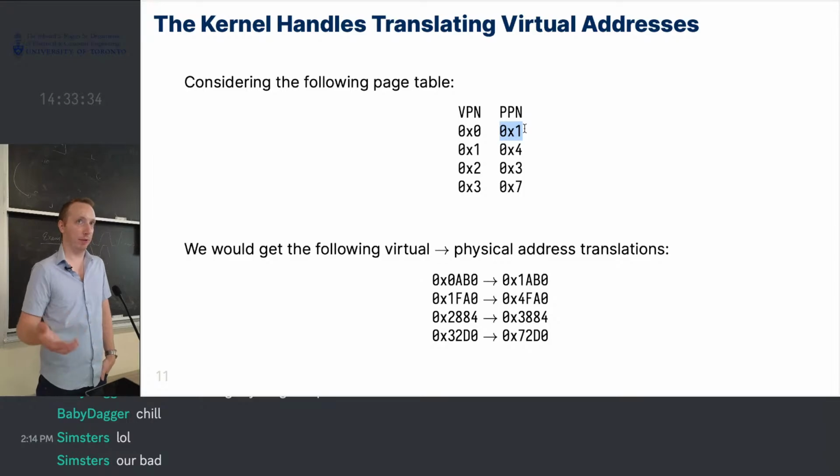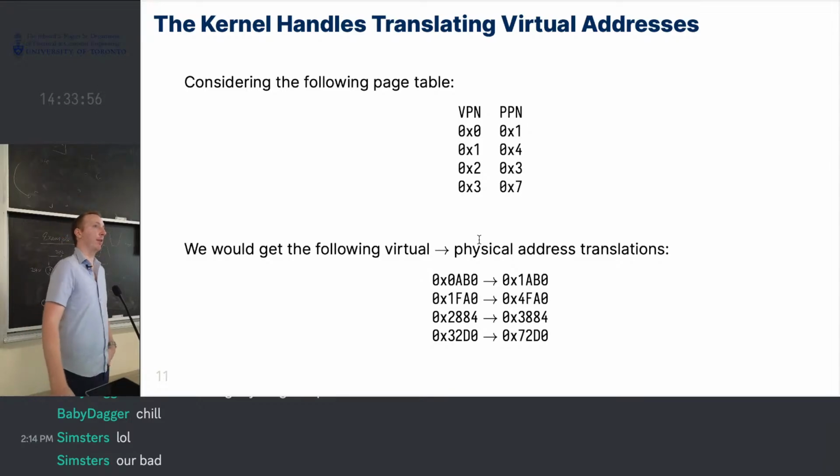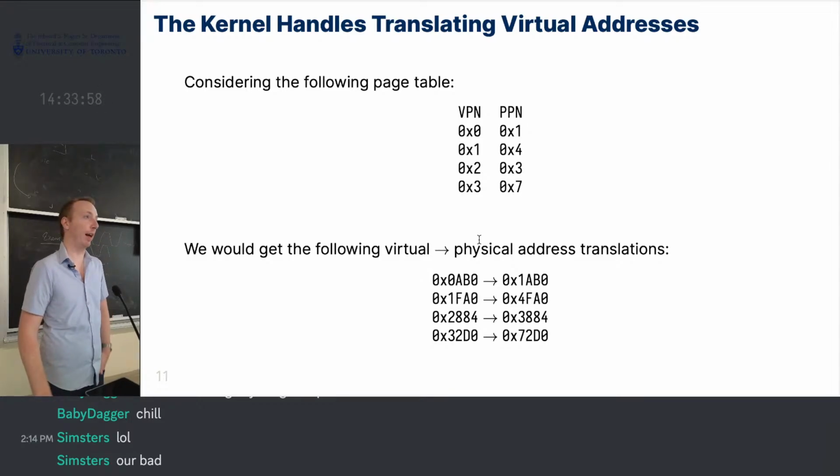It would actually just be a giant array, if you want to think of it that way. This means virtual page 0, and this is all in hex, corresponds to physical page 1. Virtual page 1 corresponds to physical page 4, then 2 corresponds to 3, 3 corresponds to 7, and so on and so forth. The nice thing about doing this translation, if you write it out in hex, is that a single hex character represents how many bits?